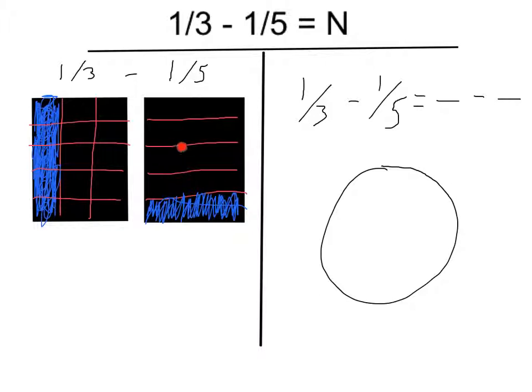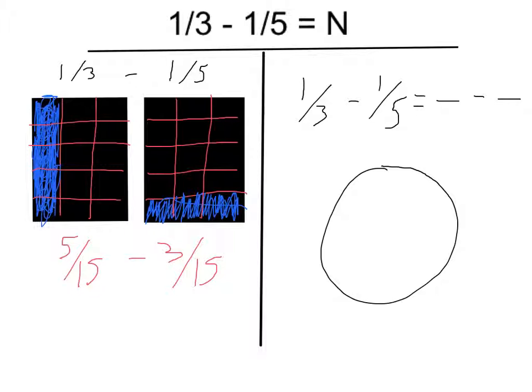And then what I'll do is over here, I will draw the vertical lines. 1, 2. Now I see that I have the problem 5/15 minus 3/15.